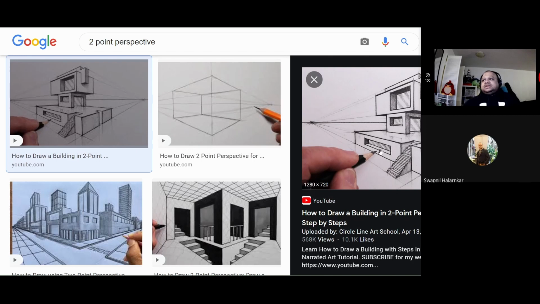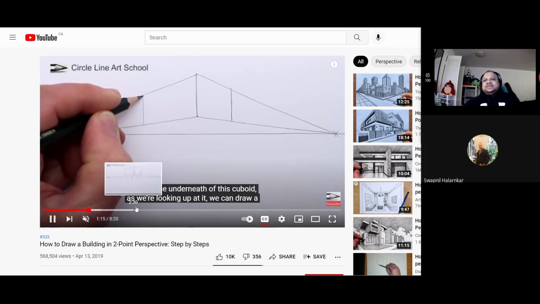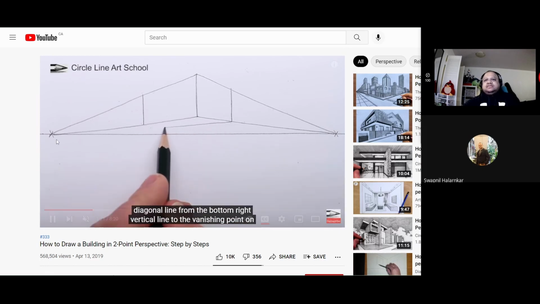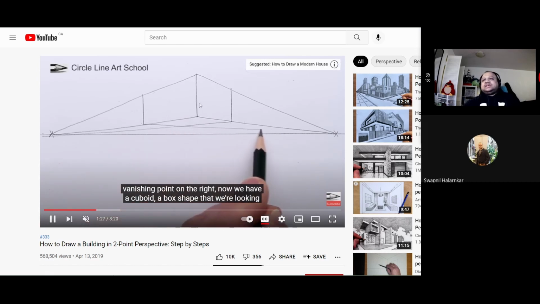So what happens here in 2 point perspective is that everything goes and meets at 2 points. The line is coming from one point and the other is coming from another point, and this is how the object is built.